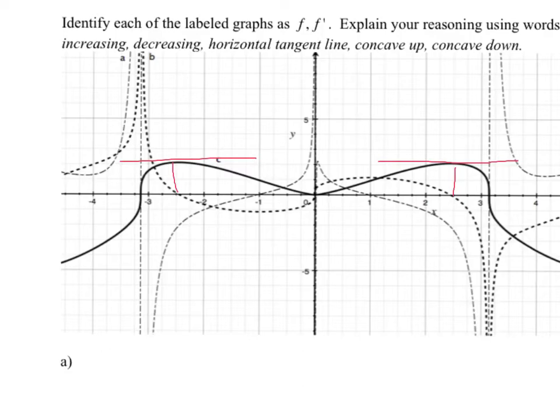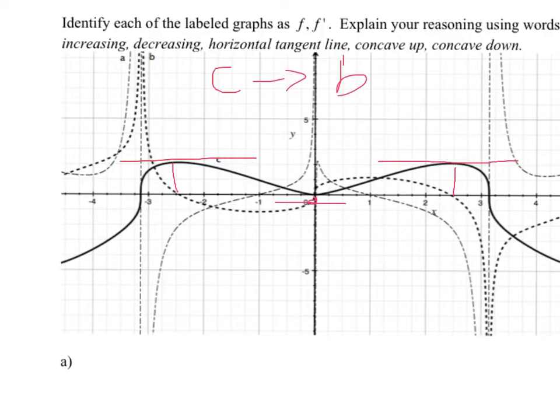Oh, there's a third horizontal tangent right in the middle. And that same graph, that's the thicker dashed lines, have zeros at all three of those points. So it looks like C, which is my bold graph, goes to B, which is my thicker dotted line graph.